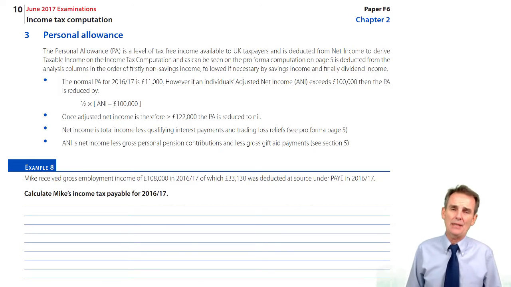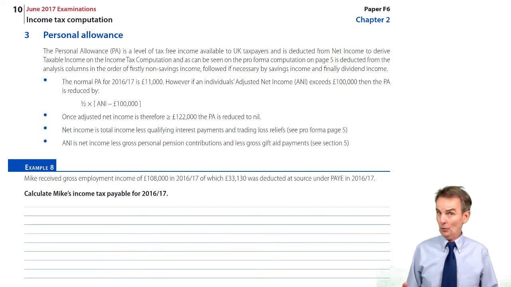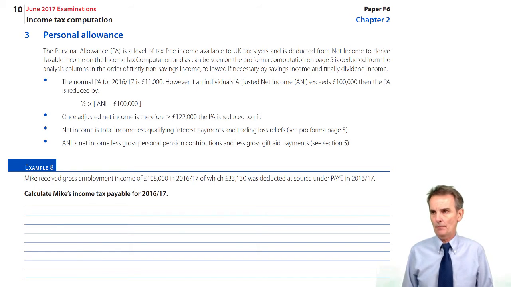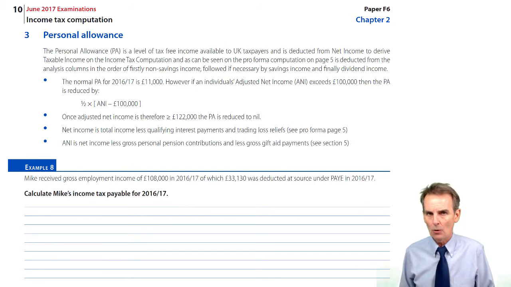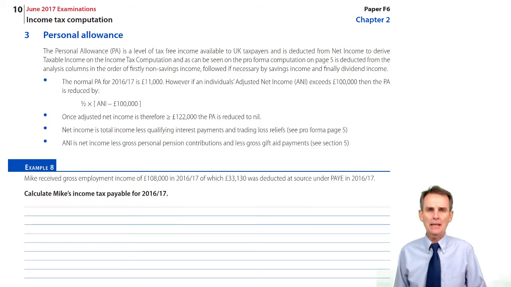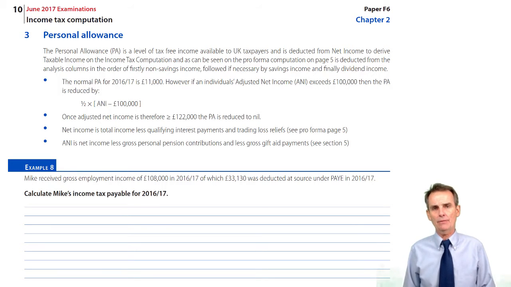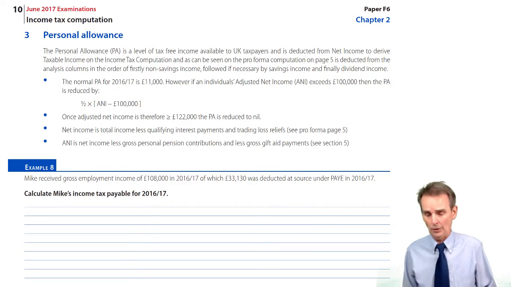It's a level of tax-free income that we thought all of us would enjoy, but we're about to discover that depending on how much net income, or to give the correct description, adjusted net income, we may see a reduction in the availability of that personal allowance. Indeed, we may lose all of that.